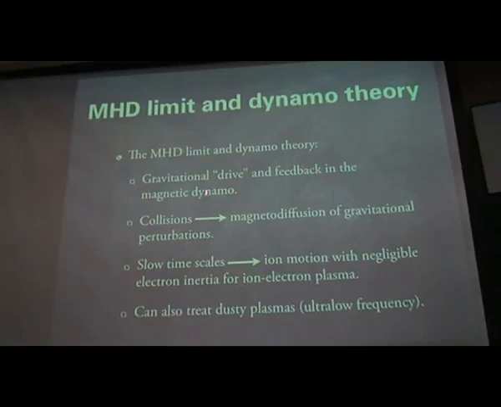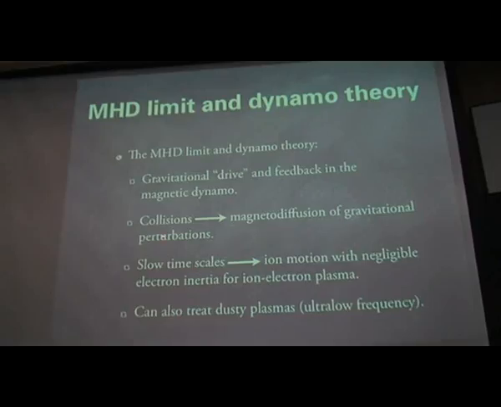And what you will see in this system of equations is that you will have sort of a gravitational driving term and feedback as well in the magnetic dynamo, which is not difficult to comprehend because space-time affects fluid motion, of course, and so you would expect to have something like that.